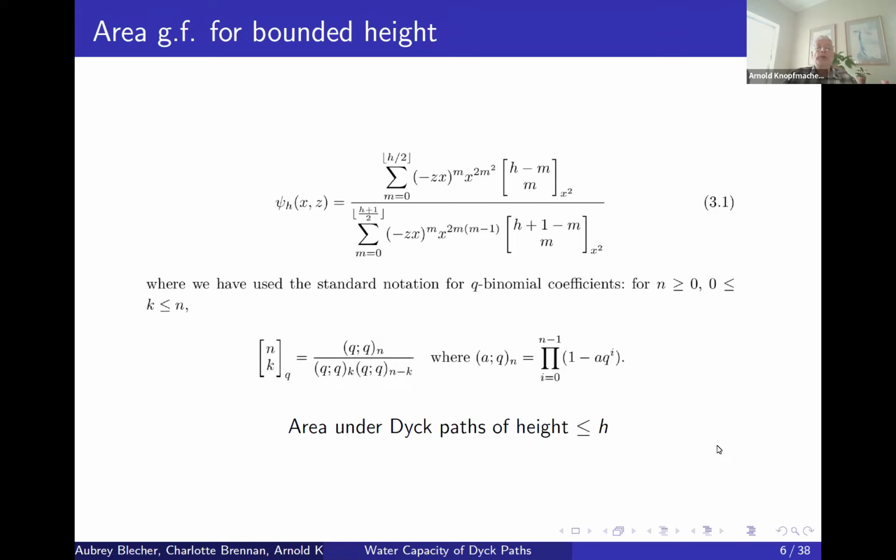And in that case, what we end up with is a quotient of two sums, each of which involves q-binomial coefficients. And for anyone who's not familiar with q-binomial coefficients, the definition is given towards the bottom of the slide. And we see that the q-binomial coefficients are themselves made up of products which run from i is naught to 1 less than the top index, which was n.